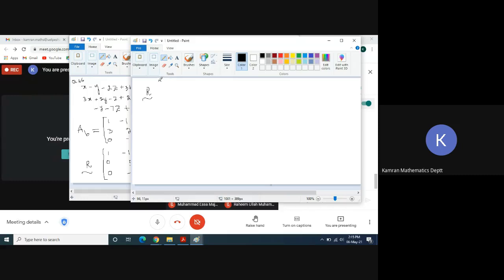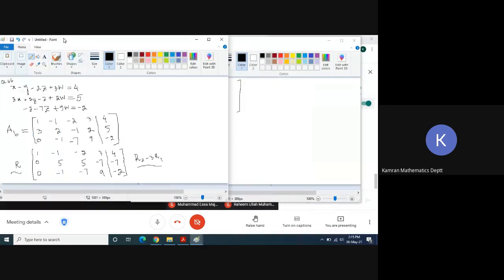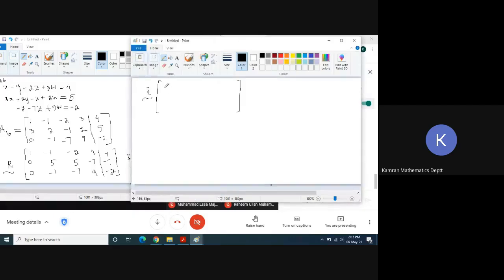I will skip that in one step. So, interchanging R3 with R2, we will get 0, minus 1, minus 7, 9, minus 2, and 0, 5, 5, minus 7, minus 7.